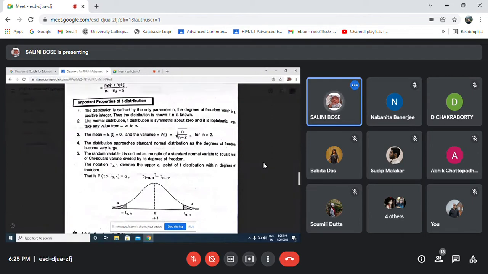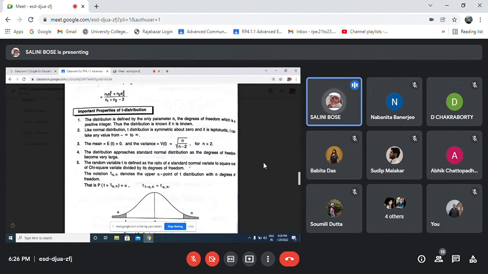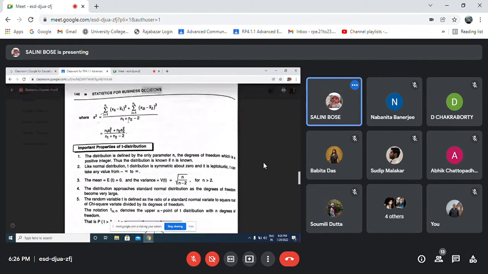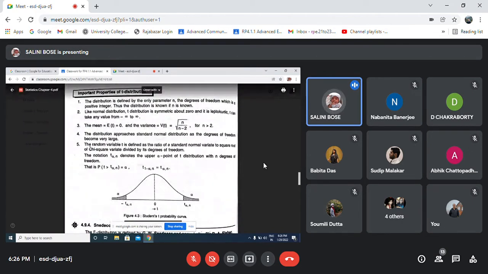And the random variable t is defined as the ratio of a standard normal variate to the square root of a chi-square variate divided by its degrees of freedom. This is the formula. It is inversely proportional to the root of chi-square. And the notation t alpha, n denotes the upper alpha point.